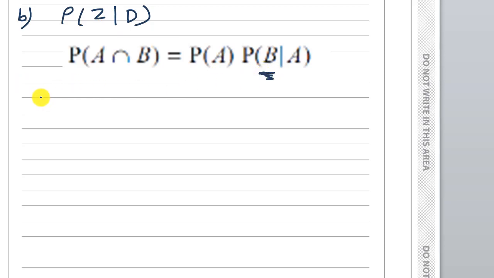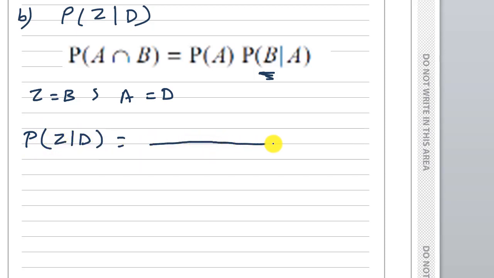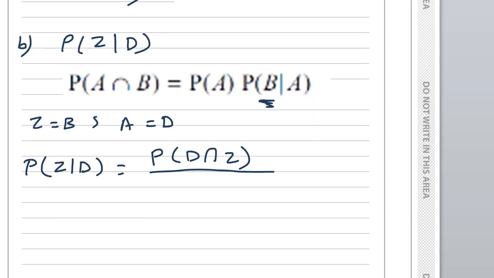So take into consideration Z is equal to B and D is equal to A. So I can write now P of Z given D is equal to probability of D intersected with Z divided by probability of D.